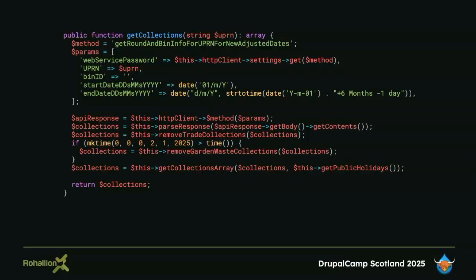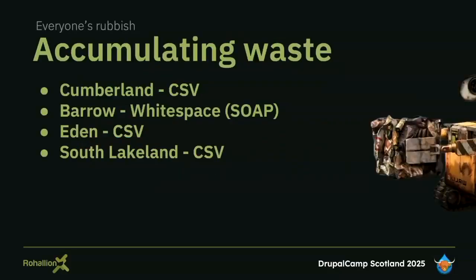It sends us back some content. We removed trade collections. Before the 2nd of December, we removed garden waste because they were testing a new service. That should probably have been removed by now. And then finally, we apply public holidays to the collections, and we return that array to the module.